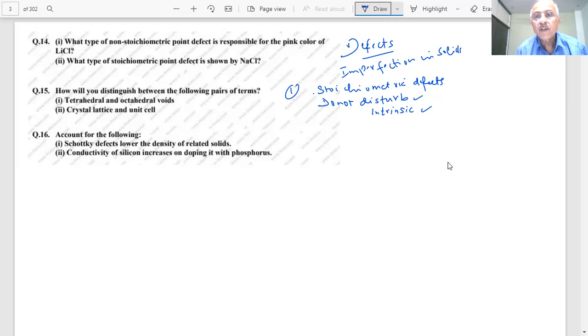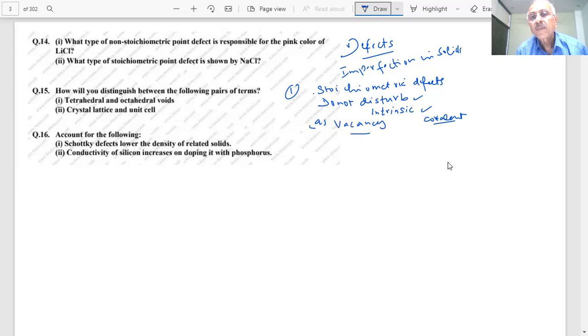And what are the types? For non-ionic compounds, they are vacancy and interstitial. Yes, sir. What is the meaning of a vacancy defect, student? So vacancy defect is a type of defect in which some of the lattice sites are vacant in the crystal. Why does it happen, students?